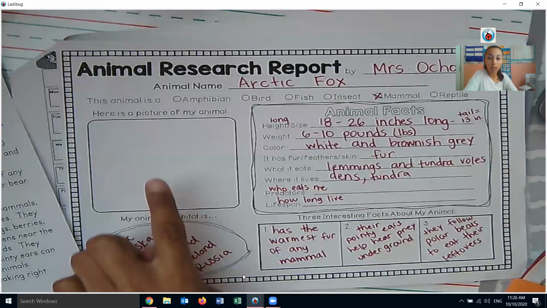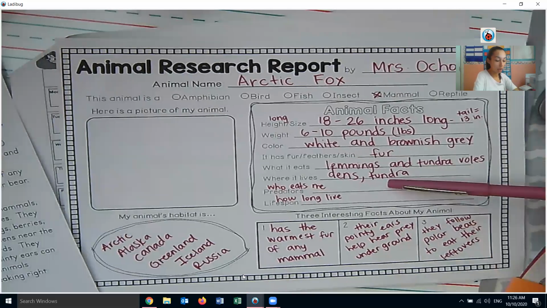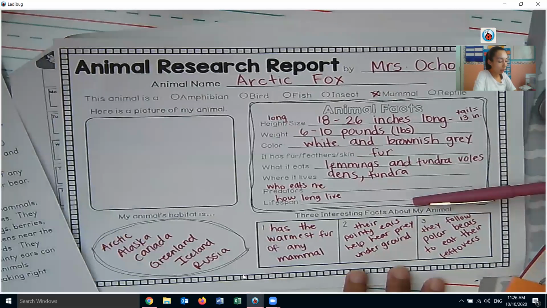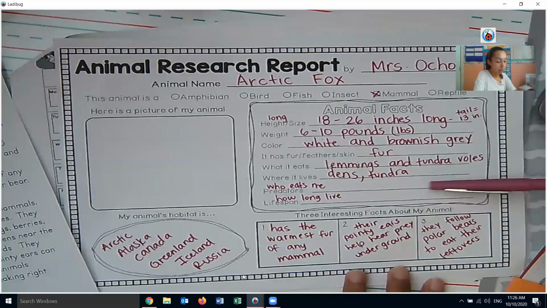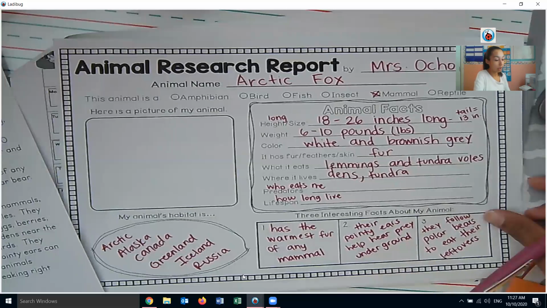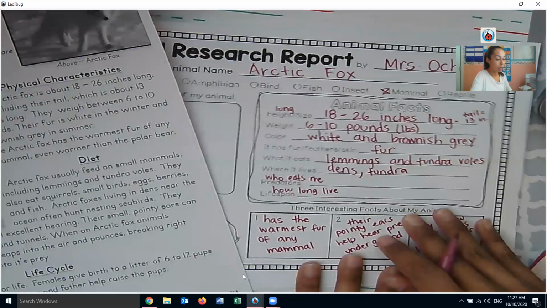The last one is drawing a little picture of your animal. So these pieces here, maybe I can later on research on the computer or in a book if I have one about the Arctic fox. Again, who eats me, how long they live. The other pieces I was able to answer okay, and I feel like most of you will be able to answer most of your research report.